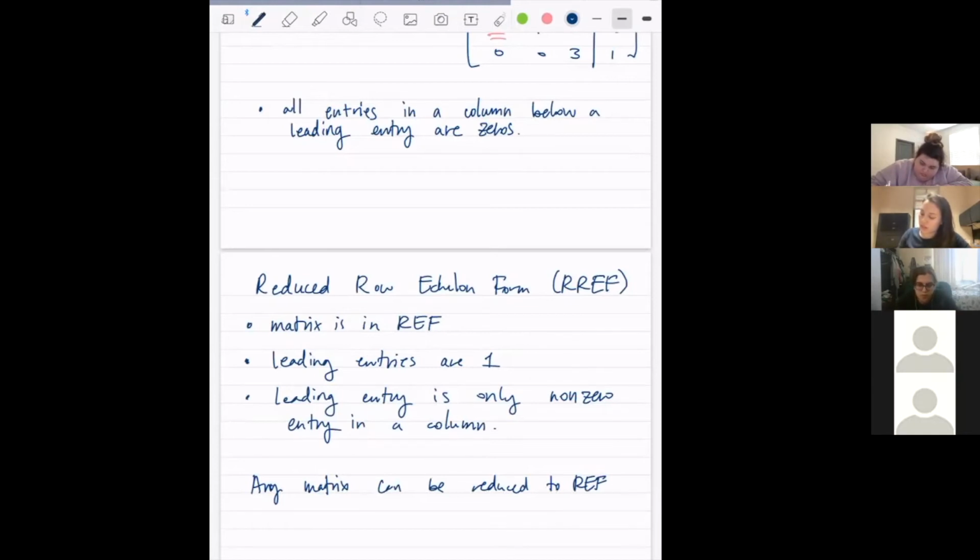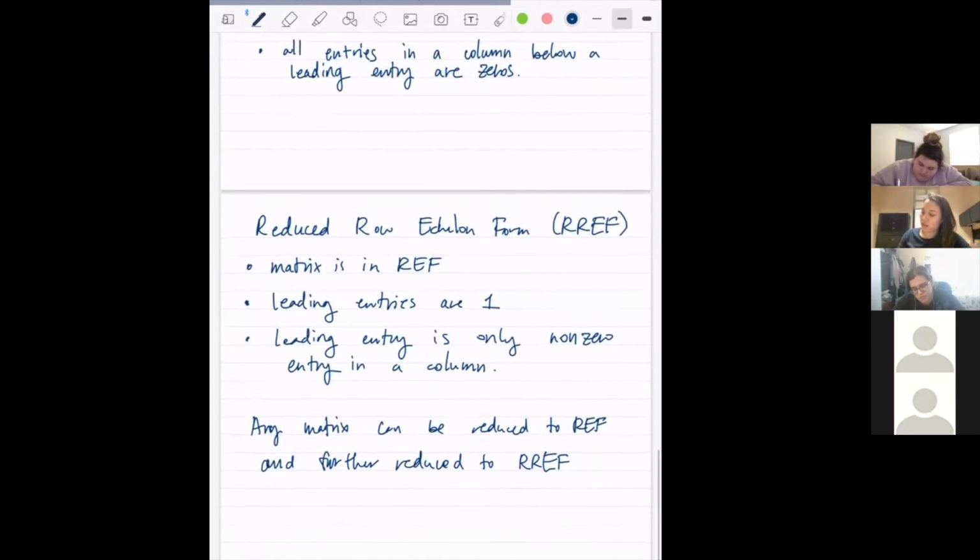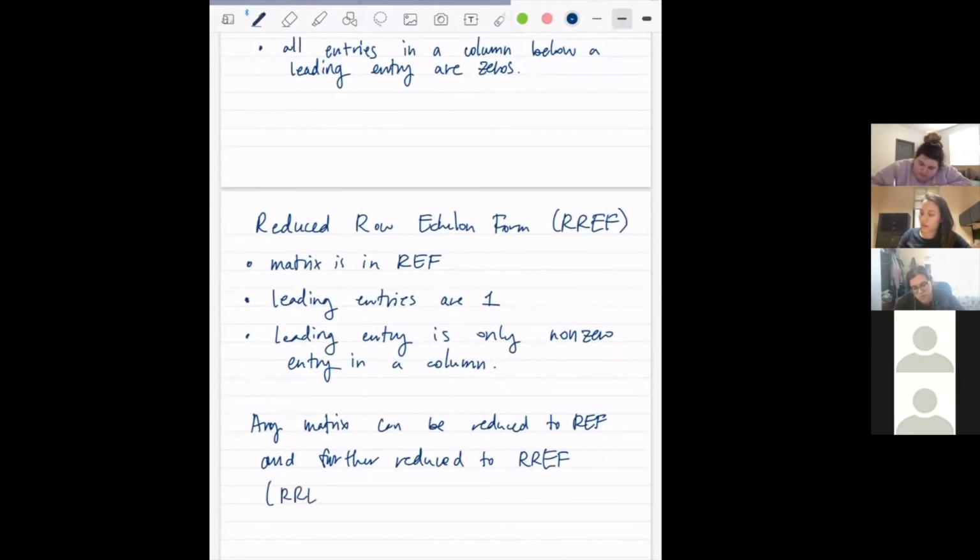But you can also further reduce to reduced row echelon form, and reduced row echelon form is unique. So for any given matrix, there's only one way that you can write the reduced row echelon form. Does that make sense? Okay.